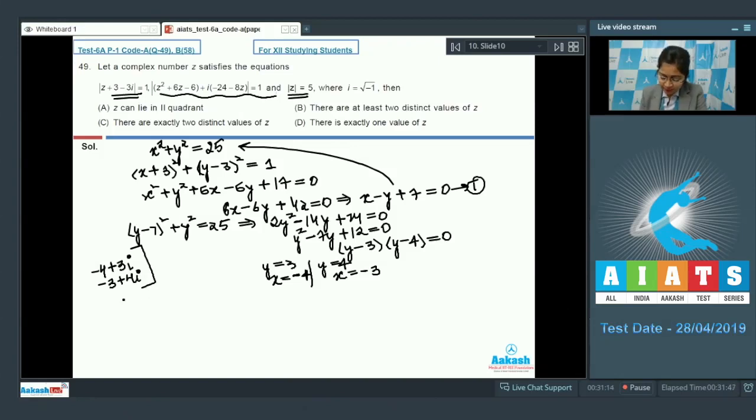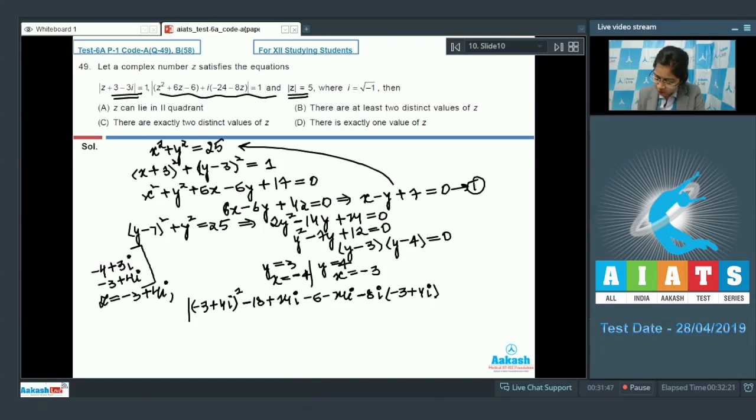So let us firstly put the value of z equal to minus 3 plus 4 iota. On the left hand side we have mod of minus 3 plus 4 iota whole square plus 6z, that is minus 18 plus 24 iota, minus 6 minus 24 iota, minus 8 iota into z, that is minus 3 plus 4 iota.